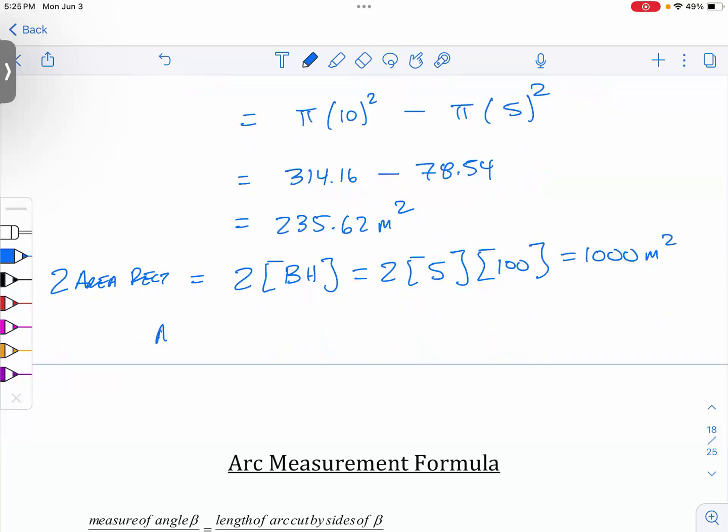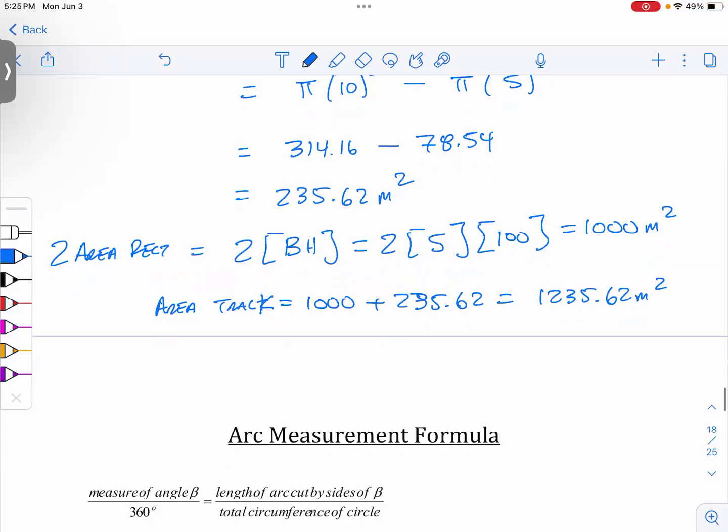So the area of the track are those two values combined: 1,235.62 meters squared.